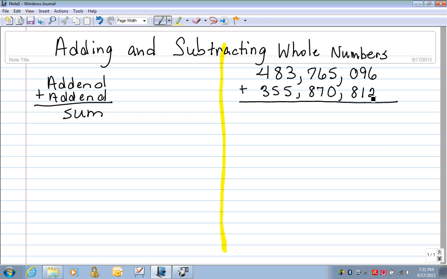We start in the ones place value and add. If we have more than 9, we have to go to the next place value because we have a base 10 number system that we're working with. Those of you who understand base 10 systems well, there are other kinds of systems.